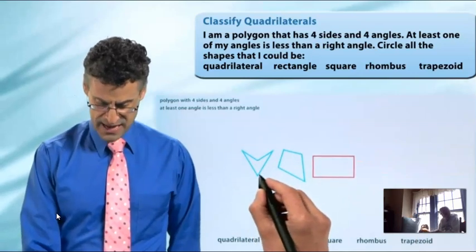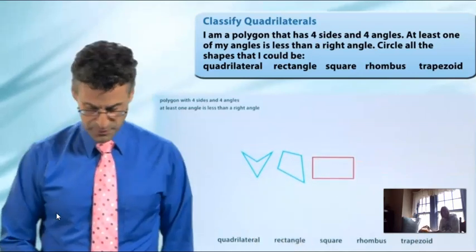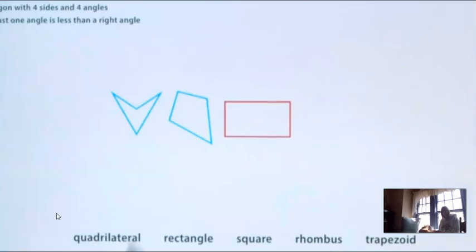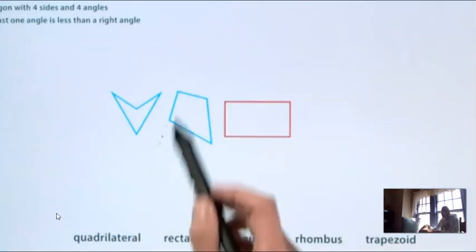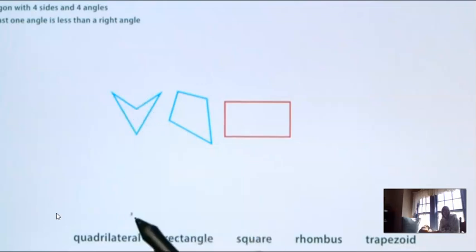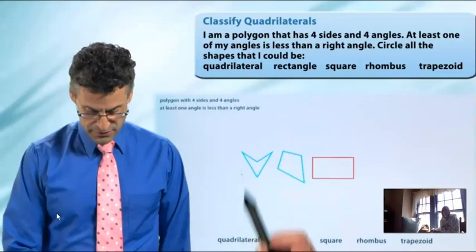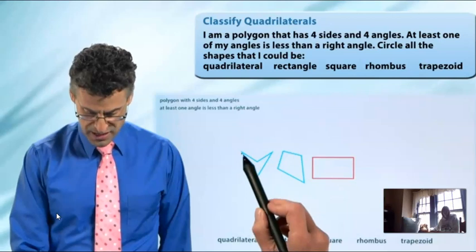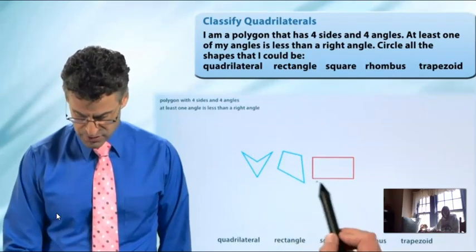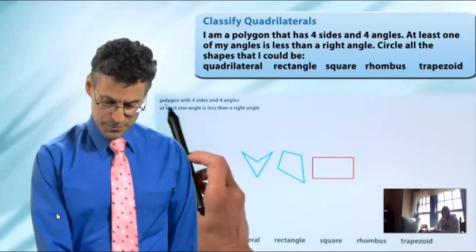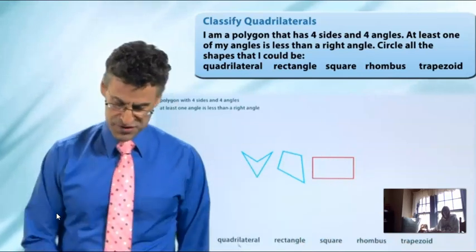Something like these might be examples. Any of these are quadrilaterals because they're all closed, made with line segments that meet up just at their endpoints. And check it out, they all have 4 sides: 1, 2, 3, 4. So these are polygons with 4 sides and 4 angles.